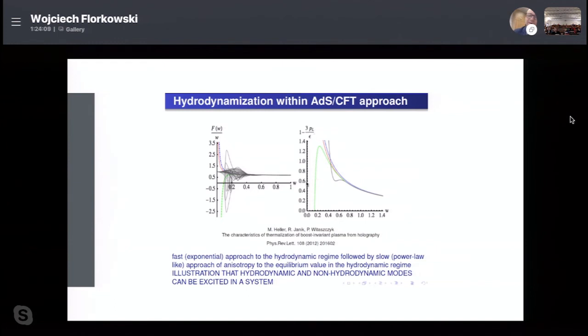And what they found is that there are very complicated evolutions of the system that bring it to the hydrodynamic behavior, to the behavior which is well described by Israel-Stewart, let's say. But still, PL is very different from PT. So they called this behavior hydrodynamization.